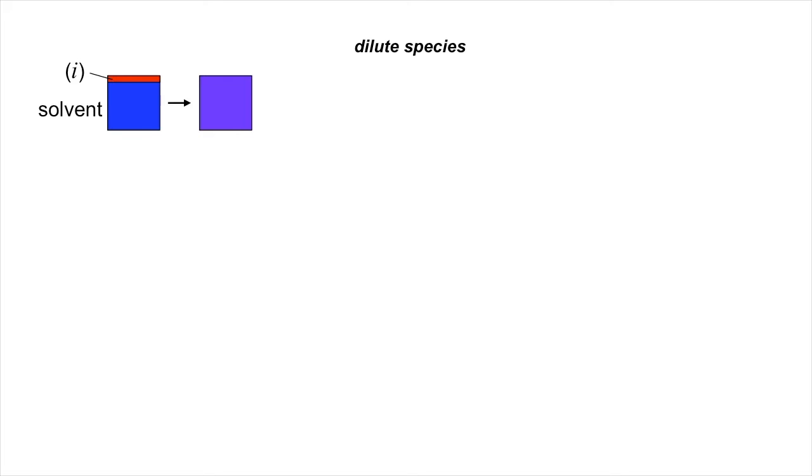By dilute solution, I mean a binary mixture in which one of the species, called the solvent, is in overwhelming abundance, and thus behaves much like it does as a pure liquid. Meanwhile, the other component, called the solute, is so dilute that individual molecules of the solute mostly interact with solvent molecules, not other solute molecules.